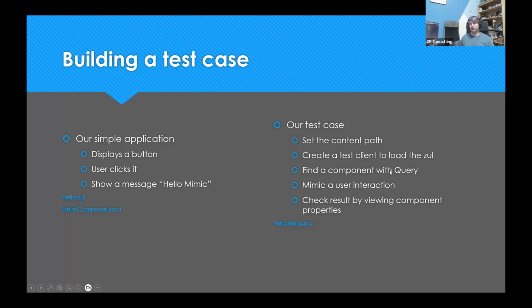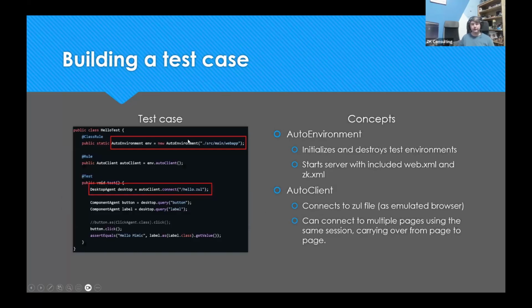We're going to use a query selector to find components. We're going to mimic user interaction on those components, and we're going to check the result by looking at the component's property or field. All of that code as well, you're going to find again on GitHub at the end of the training. So first, building our test case.